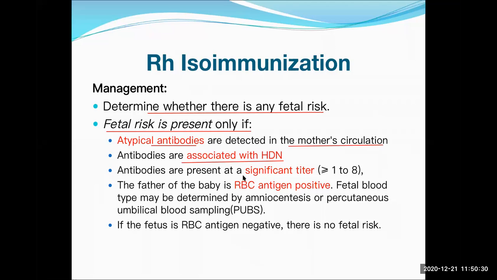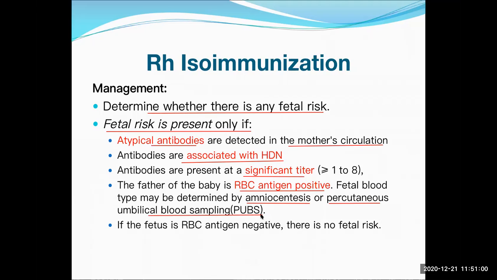Antibodies are present at a significant titer, usually more than 1 to 8. So you have already diluted 8 times, still it is positive. That is the meaning. The father of the baby is RBC antigen positive. Then only the baby will be RBC antigen positive. The fetal blood type may be determined by amniocentesis or percutaneous umbilical blood sampling.